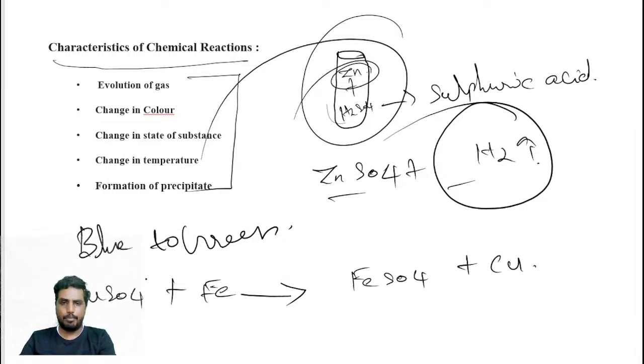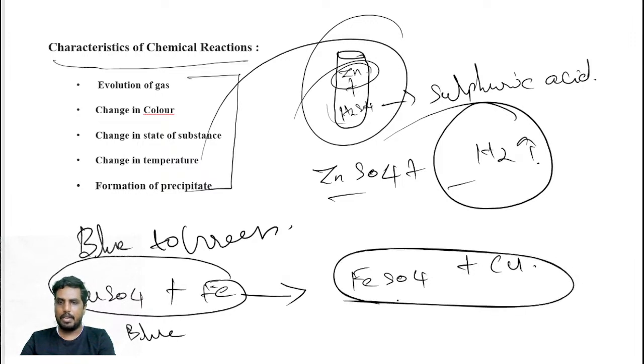Before starting the reaction, it is in blue color. Once the reaction happens, it changes to green color. So during a chemical reaction, what you can observe is evolution of gases, change in color, and change in state of substance.